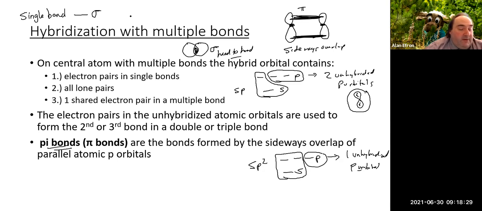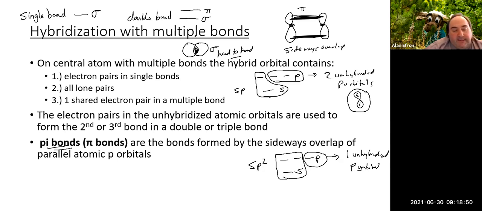If you were going to draw a Lewis structure that involved a double bond, at some point you would draw the first line, which again would represent a single bond, which would be a sigma bond. And then you would draw the second line to make that double bond. And that would represent a pi bond.